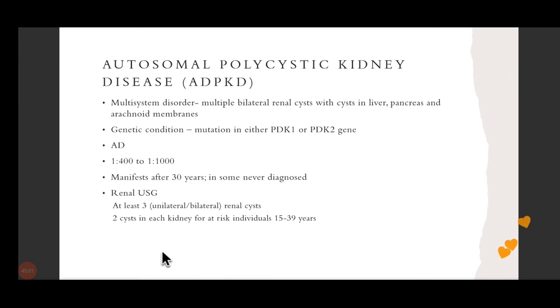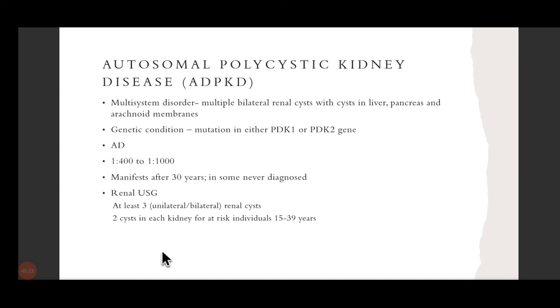So this is the last topic for today's discussion, but rather important. This is autosomal polycystic kidney disease, a multisystemic disorder. You may see renal cysts along with cysts in the liver, pancreas, and in the arachnoid membrane. It is an autosomal dominant disease and usually manifests after 30 years.